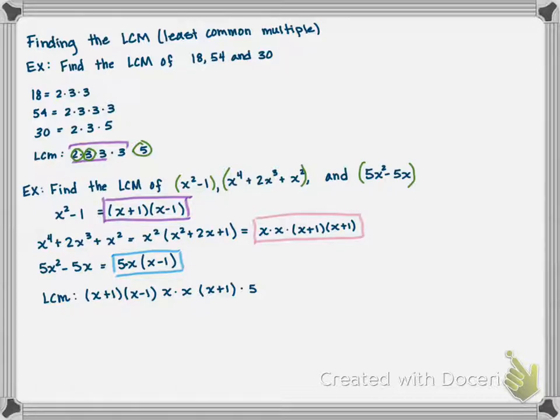So we can see, again, just like we did with the whole numbers, that we can find all of our factorizations within our LCM. So x, 2 factors of x and 2 factors of x plus 1.